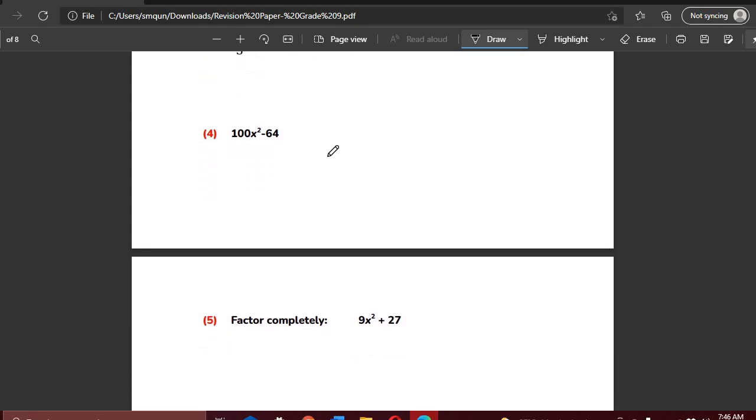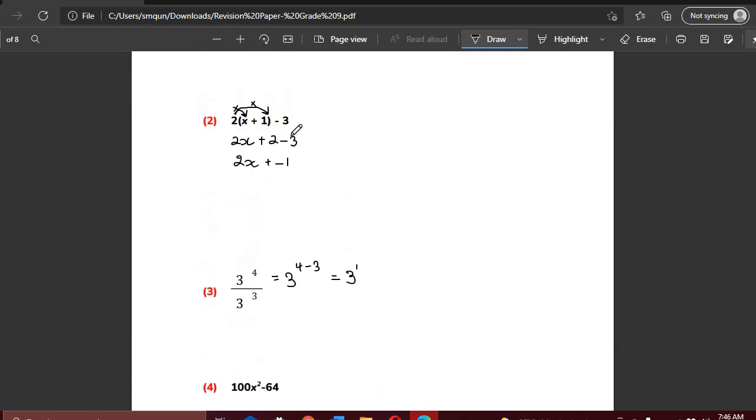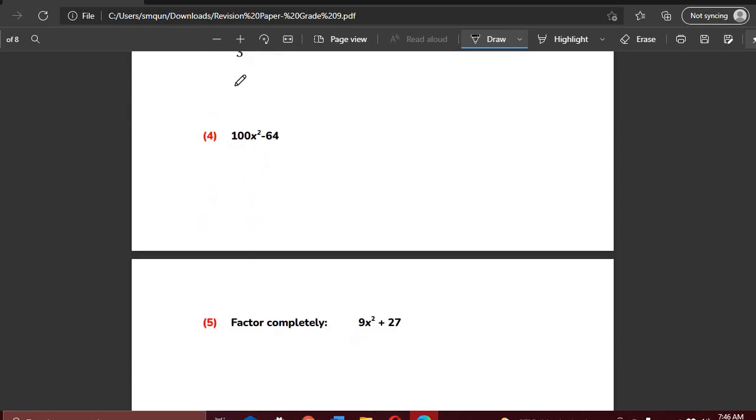Okay, number 4. We have 100x squared minus 64. Okay, when you're asked to factorize, keep in mind that the instructions for number 4 should have been factorize. So we're supposed to factorize this expression, right? Now, whenever you're asked to factorize algebraic expressions in particular, look to see if it is a difference of squares before you go ahead and find the HCF and all of that.